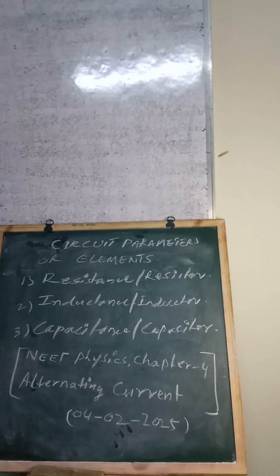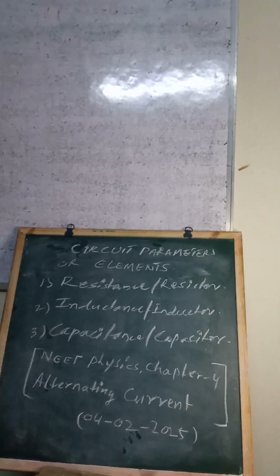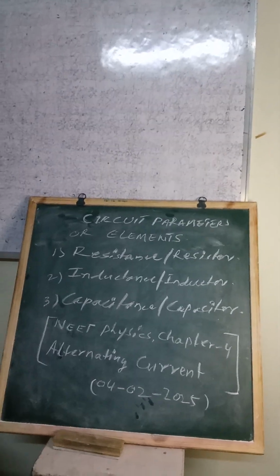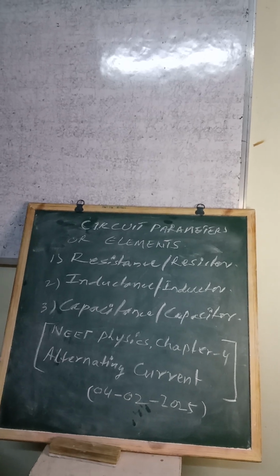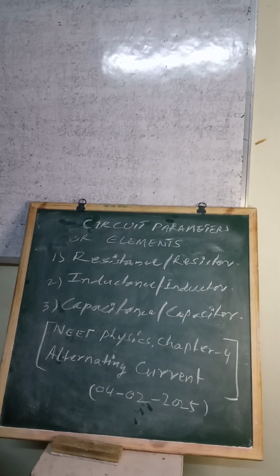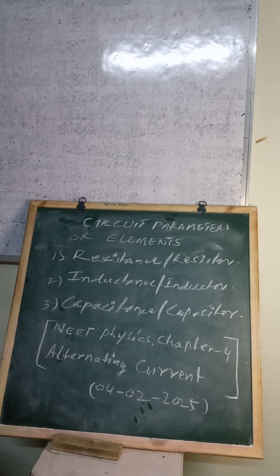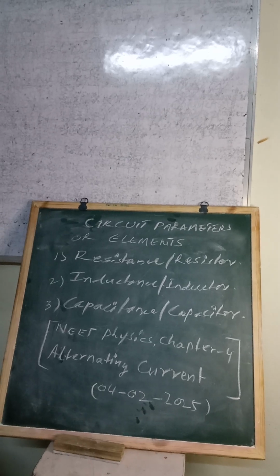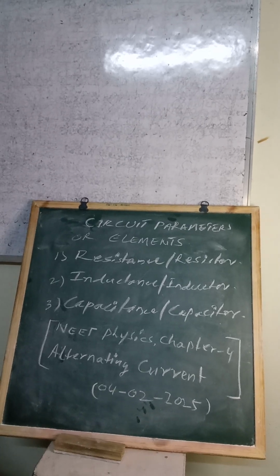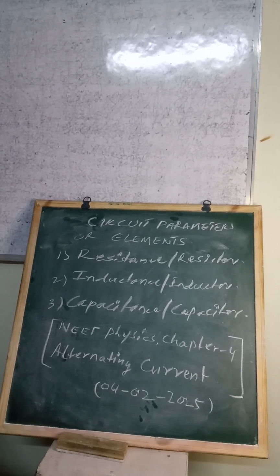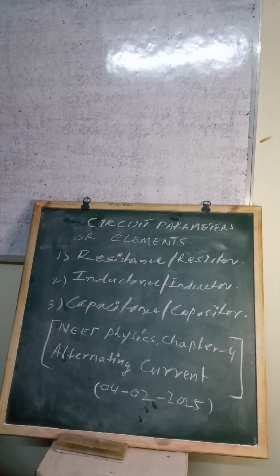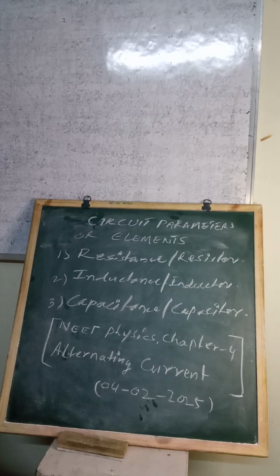One is resistance, or the resistor. Inductance, the second one, or the inductor. Capacitance, or the capacitor. Then the individual property of each parameter or element we will discuss in detail.